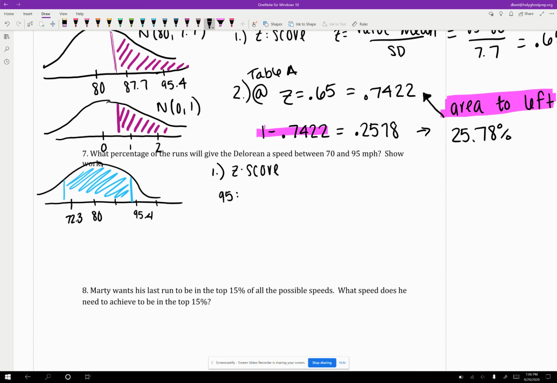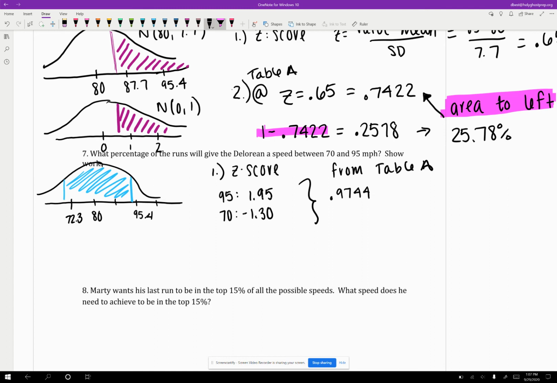So your z-score for 95 should be 1.95. Your z-score for 70 should be negative 1.30. Now pause it again and come up with your areas for these two z-scores from table A. Now from table A, at z equals 1.95, we have an area of 0.9744.